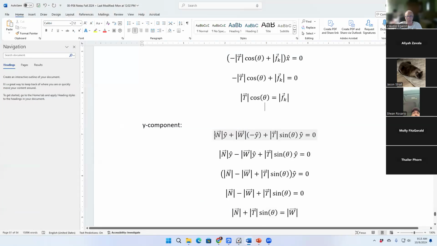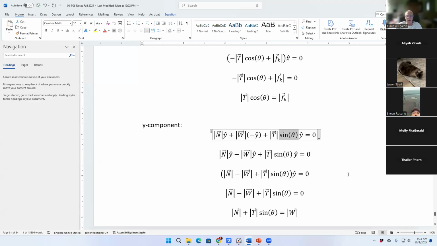So here you go. Magnitude of the normal along the positive y direction. Magnitude of the weight along the negative y direction. And the y component of the tension, that's going to be sine of theta, right? If the x component was cosine, the y component of the tension is sine here.